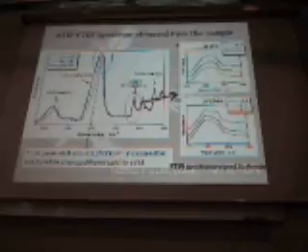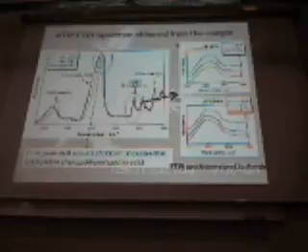When the temperature decreases, for example, this is the alpha helix peak, only the alpha helix peak changes, decreasing or increasing with temperature change.